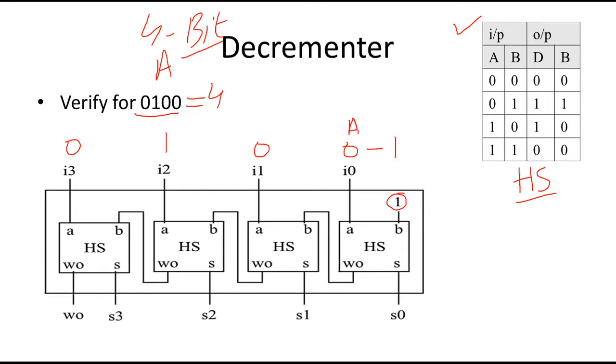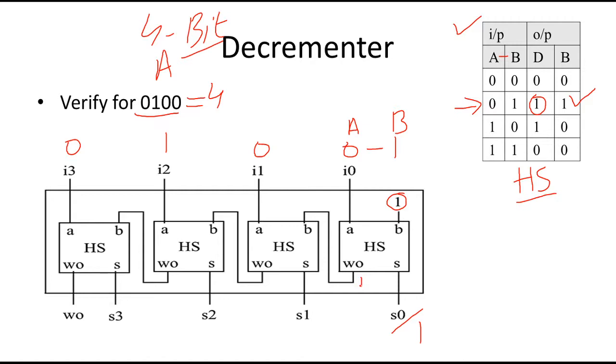This is, let's say, A, and this is B. We can check it from our truth table. So 0, 1 is A minus B, and the difference should be 1, and for that purpose we also need a borrow. To subtract 1 from 0, we need a borrow. So the difference is 1, and the borrow is also 1.